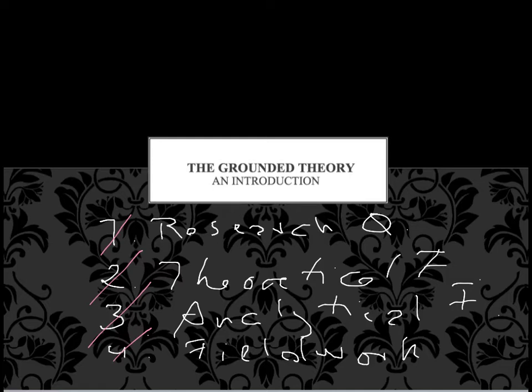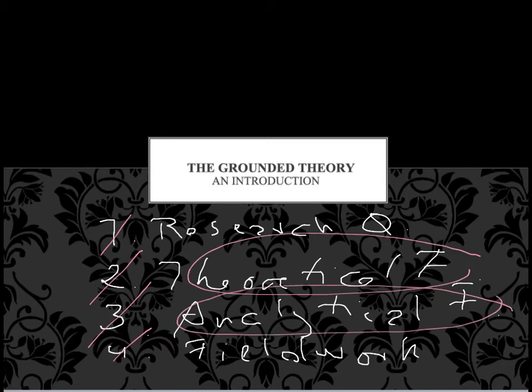So it is not completely true that we elaborate a theoretical framework before we go to the analytical framework, and it is not completely true that the field work comes at the end. It's even less true that it has to come at the end. Actually, and this is for me the strength of the grounded theory, when we actually at advanced levels discuss the way in which we do research, research is a circular process.